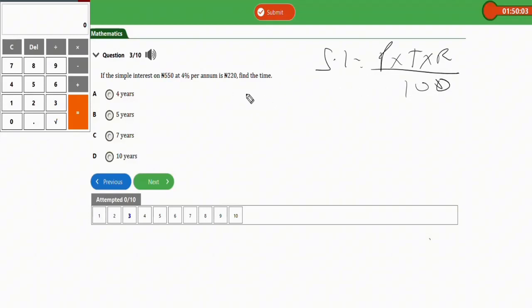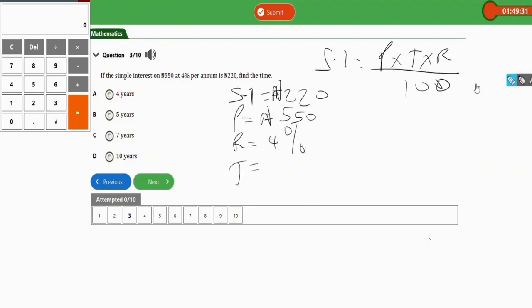Let's get the parameters: simple interest is 220 naira, the principal is 550 naira, the rate is 4%, and the time is unknown.